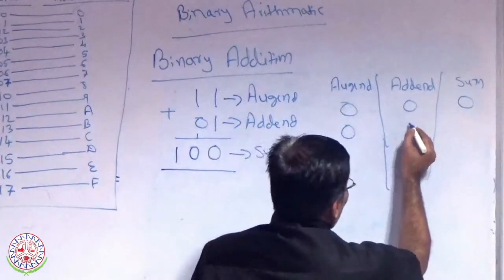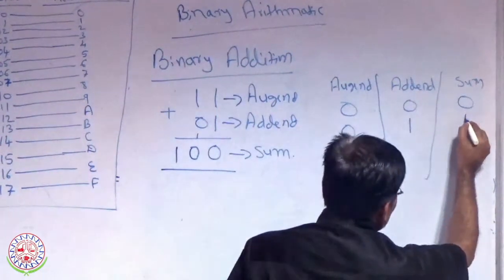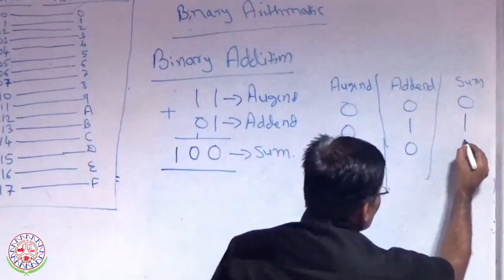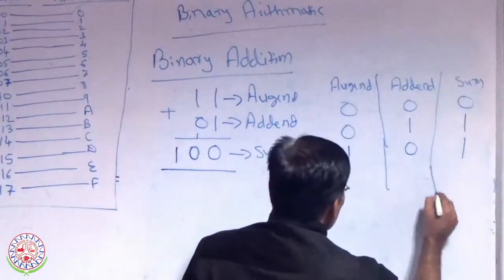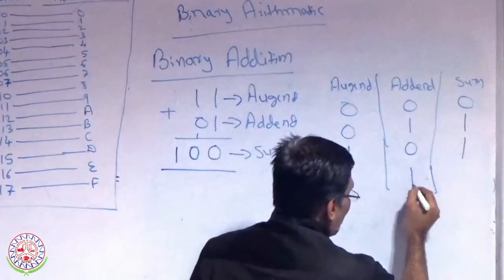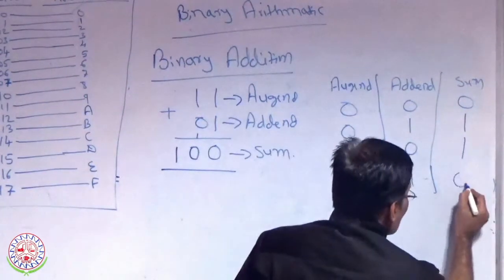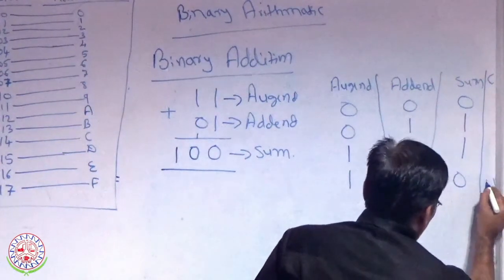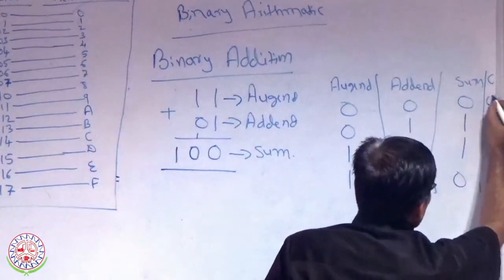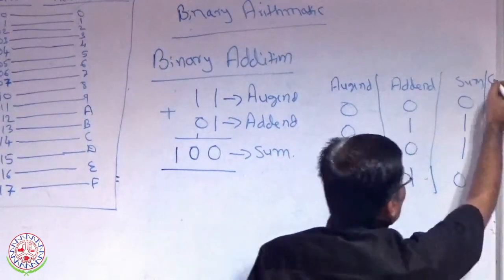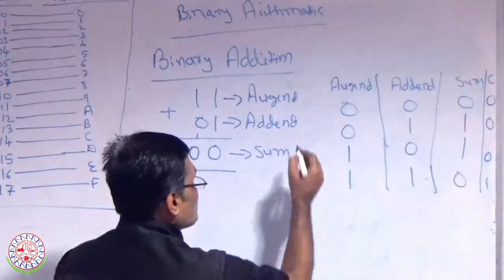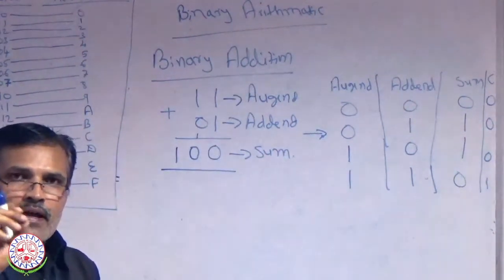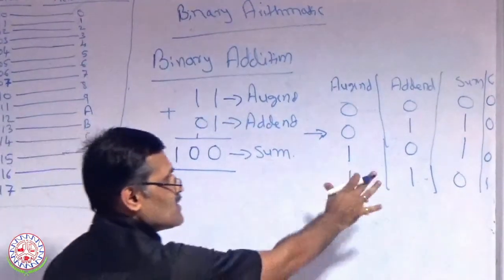AUGEND is 0 and ADDEND is 1, the sum is 1. AUGEND is 1, ADDEND is 0, the sum is also 1. When AUGEND is 1 and ADDEND is 1, the sum is 0 and carry is 1. In the other cases, carries are 0. C means carry. This is the rule we need to follow for binary arithmetic. Just remember this chart.